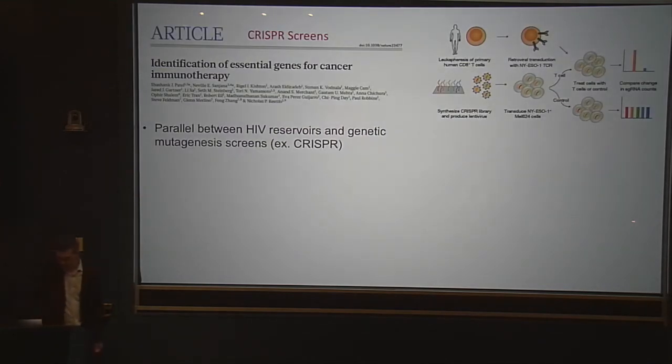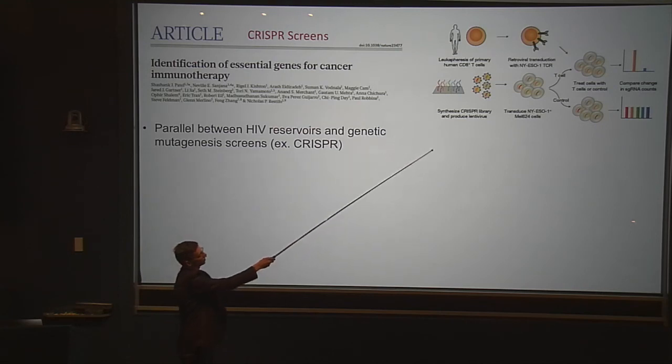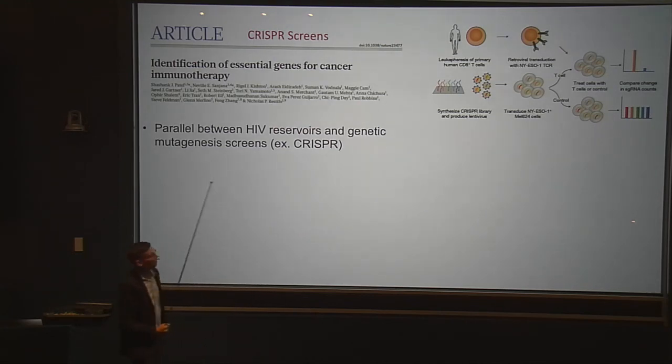So in summary, kind of as a last thought here, I just want to again propose this potential parallel between functional genetic screens like CRISPR screens. In CRISPR screens, you usually disrupt just exons of a library of genes and then put them through a selective pressure, such as killing with cytotoxic T cells, and you see how the library is skewed by this pressure.